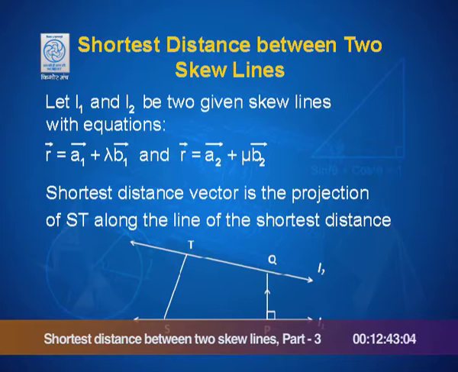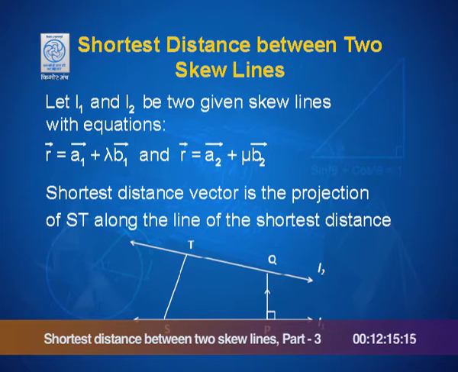So, start with the figure and take the points S and T to be the points which are given with the position vectors A1 and A2, and PQ to be the shortest distance, then the projection of ST along the vector which is defining the line of shortest distance will give me the shortest distance.